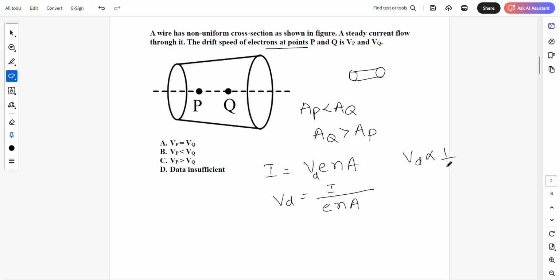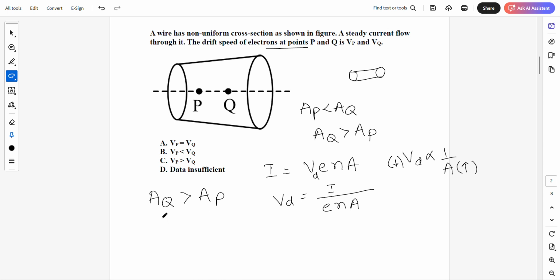So we came to know that v_d is inversely proportional to area. As the area increases, what happens? v_d decreases. Whose drift speed is more here? Which area is more? Area of Q is more compared to P. We know that A_Q is greater than A_P.